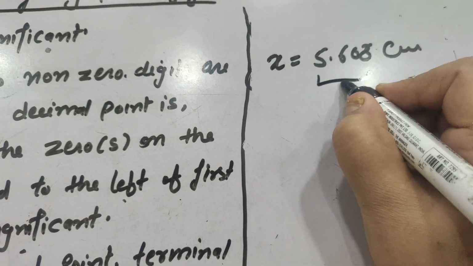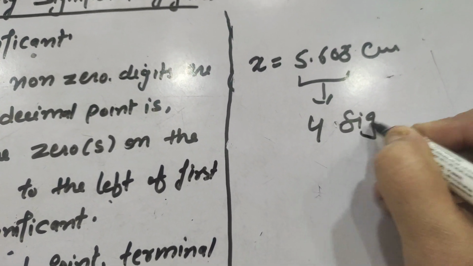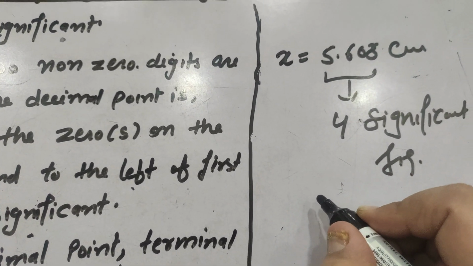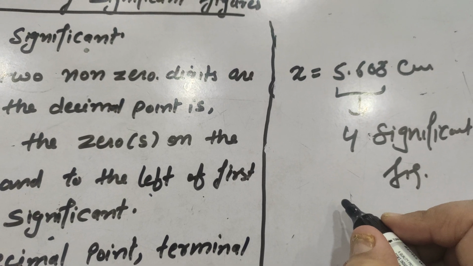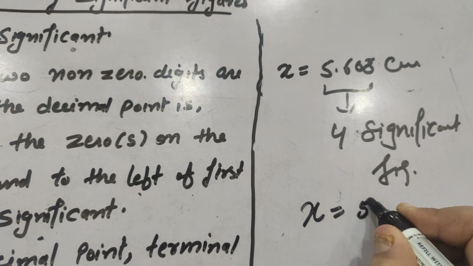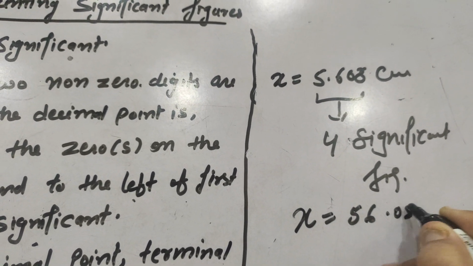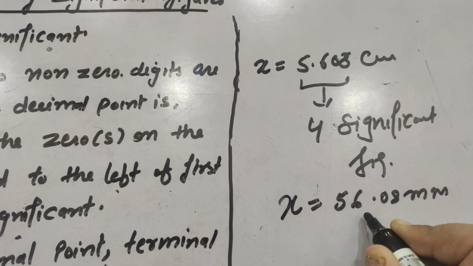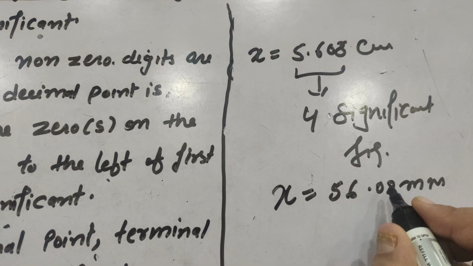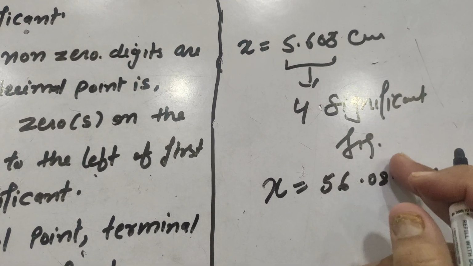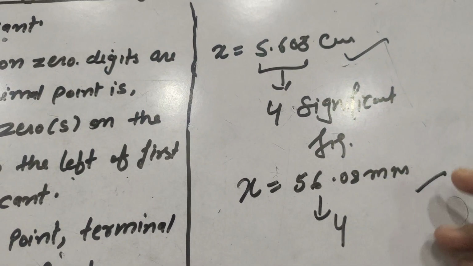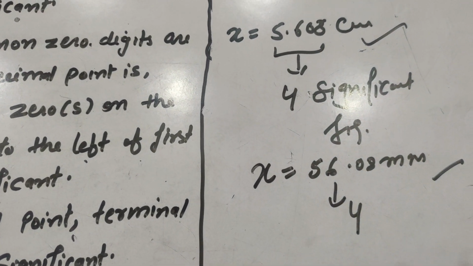This has 4 significant figures. Now let us change this to millimeter. In millimeter, we write x is equal to 56.08 millimeter. Since the 0 after the decimal and before the non-zero digit is considered significant, this also has 4 significant figures. So even if we change the system of units, the number of significant figures remains the same.